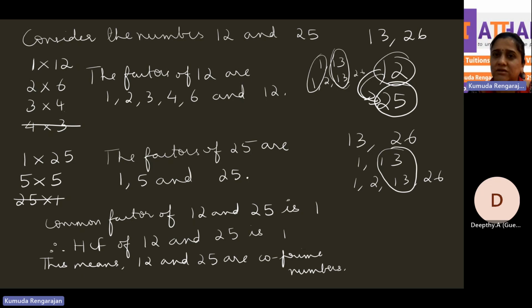So 13 and 26 is an example of a combination of a prime number and a composite number, but they are not co-prime. Some combinations may be co-prime, not all the combinations.